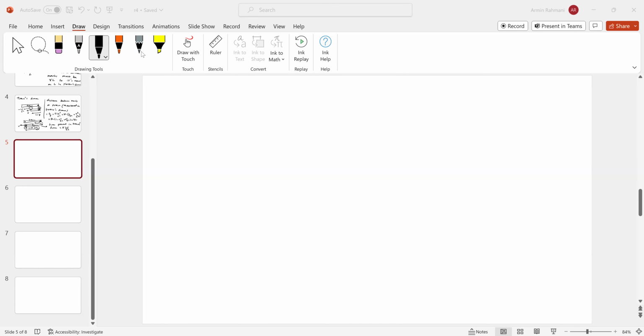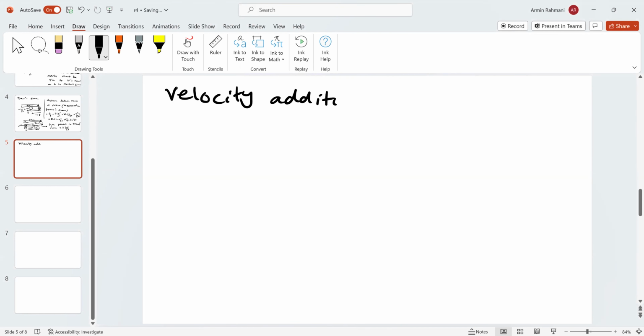Okay, so now let's switch gears a little bit and talk about velocity addition. The situation we're considering is we have a frame S prime that's moving with velocity v relative to some observer.